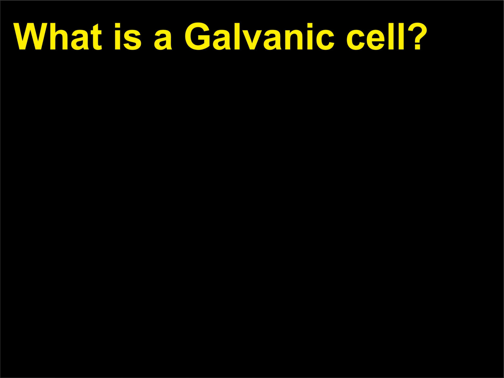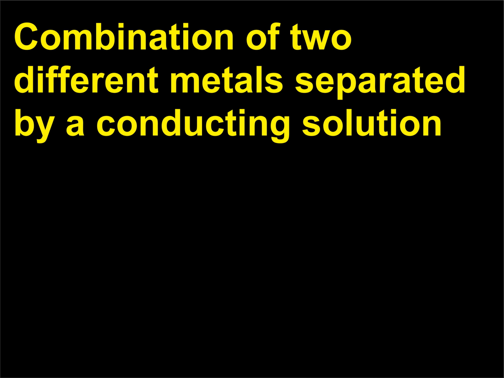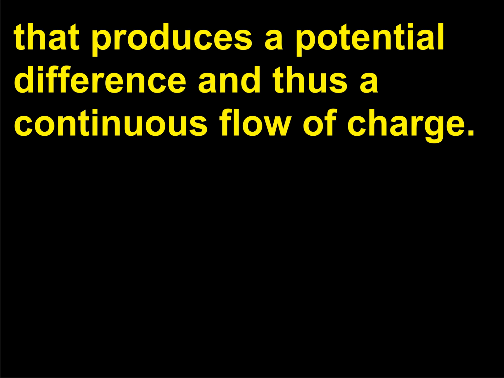What is a galvanic cell? A combination of two different metals separated by a conducting solution that produces a potential difference and thus a continuous flow of charge.